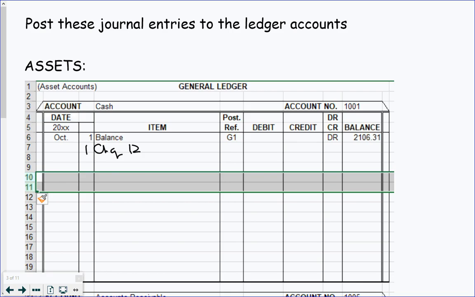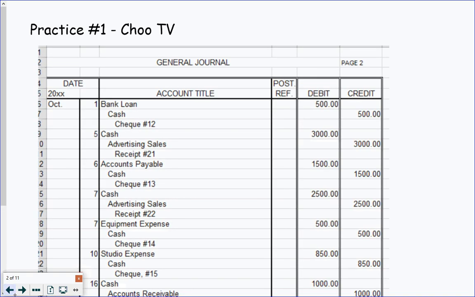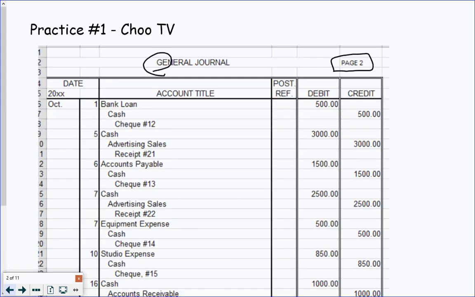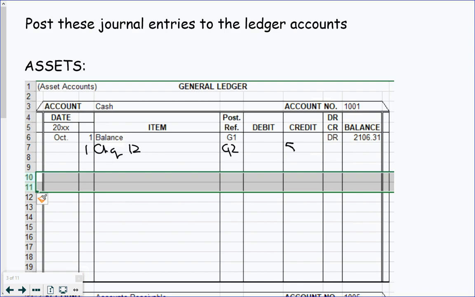The G is for general, and I'm on page 2, so you would write G2 because it's general journal page 2. And then it was crediting $500. So you're going to go credit 500.